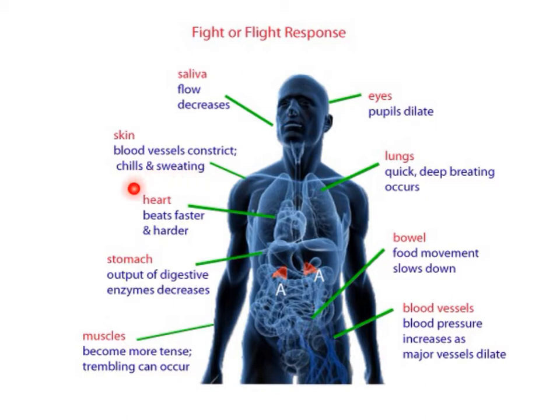You get a faster heart rate, less output of digestive enzymes in the stomach, muscles become more tense, and you have dilation of major blood vessels in an attempt to transport as much blood as possible to skeletal muscle. So these are all examples of what adrenaline does in preparing the individual for what's known as the fight or flight response.